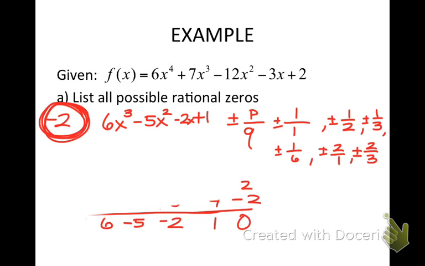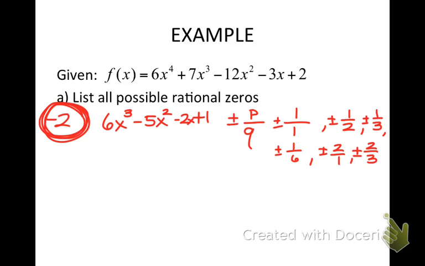So let's pick another number. Which one do you want to go with? 2/3? Ugh, really? You guys are going to make me do 2/3? 2/3. 6, negative 5, negative 2, 1. So 6 divided by 3 is 2. 2 times 2 is 4.